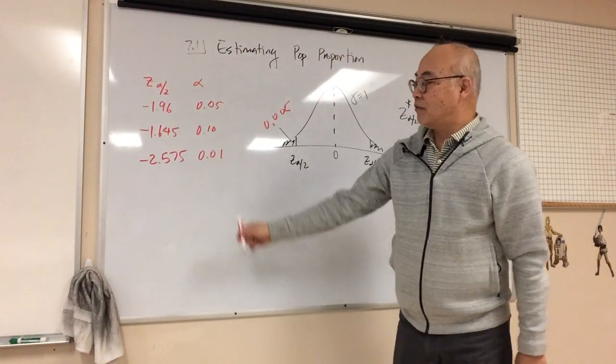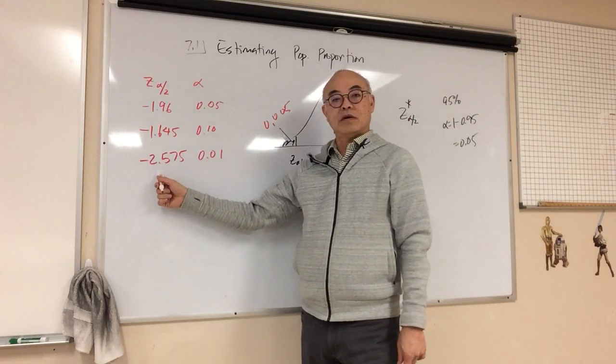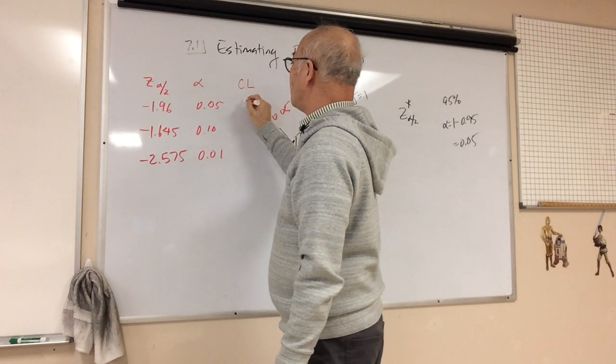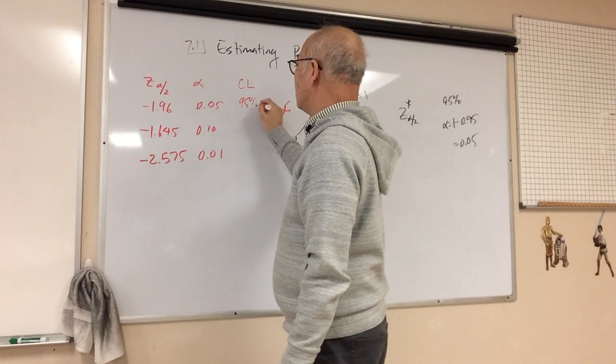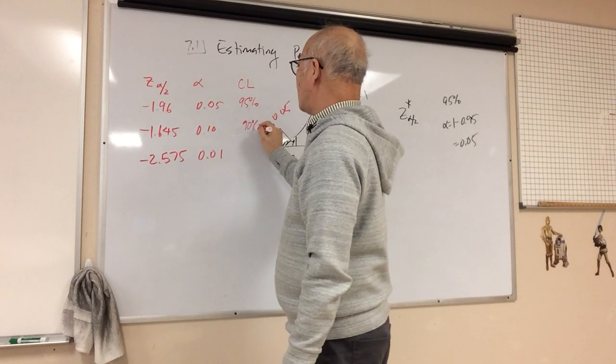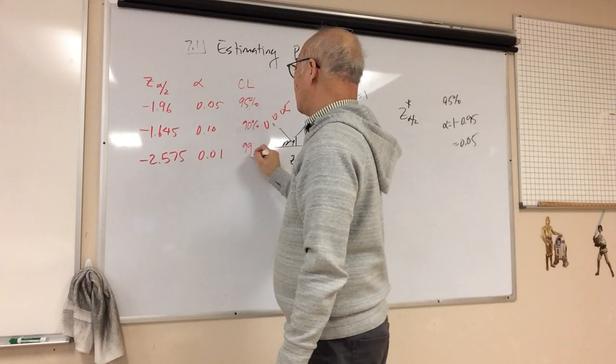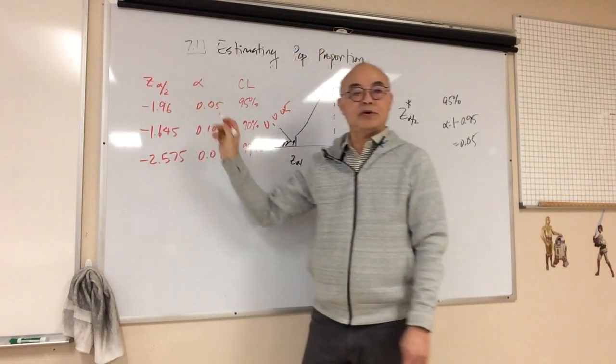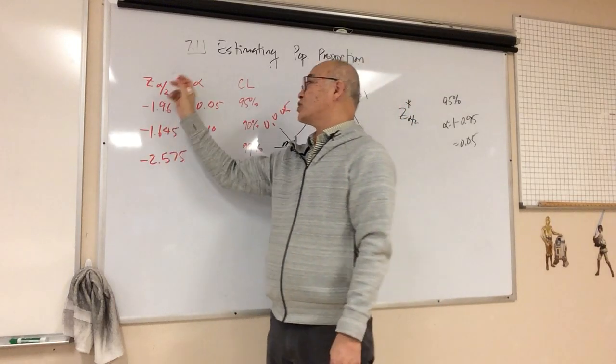Right? Negative 2.575. What's the confidence level here? The confidence level would be 95% here. This would have been 90%, and this would have been 99%. So these are three numbers that you want to get fairly familiar with.